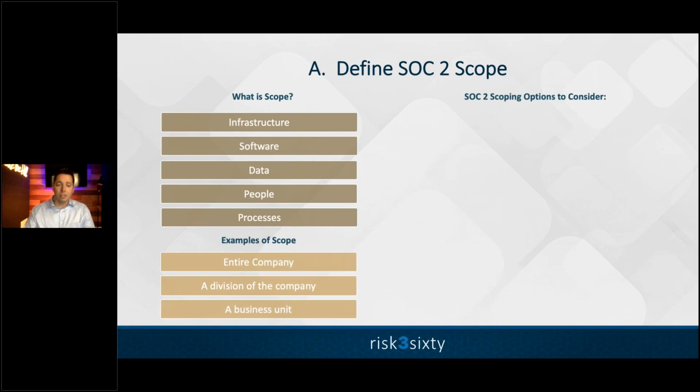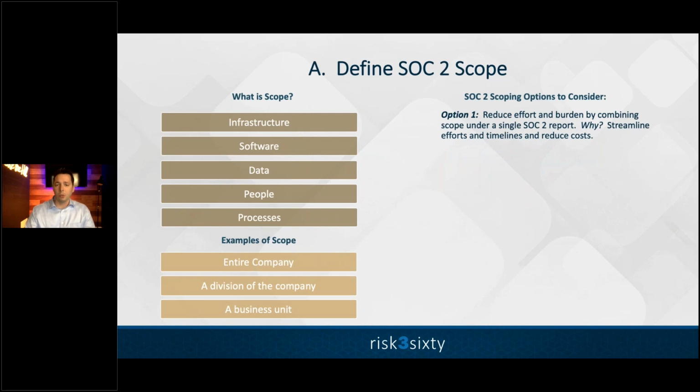Additionally, it could be a business unit within a division. So it's really how you think about the use case of the SOC 2 report, why you're being asked to get it. That'll help determine how you might define the scope and how you want to bracket that scope. The following are a few options to consider.